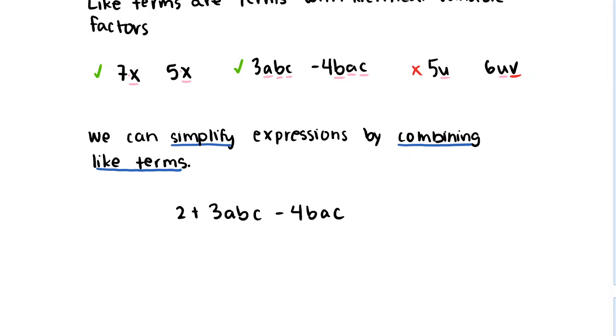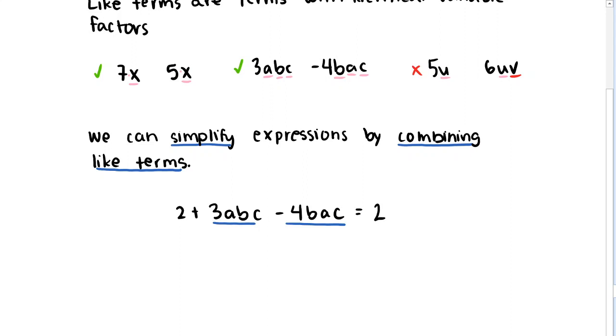We can only simplify expressions, at least so far we've only learned how to simplify expressions, by combining like terms. And so here we have two like terms, and we just add or subtract their coefficients. In this case, we're still going to have that term 2, since there are no like terms with 2.